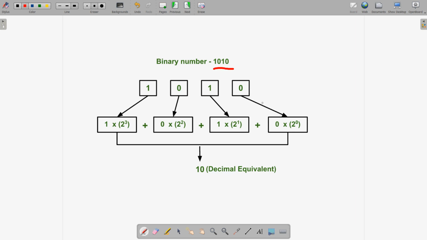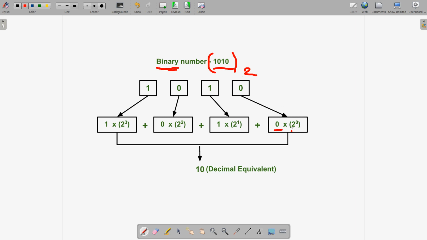Now I am multiplying all these digits with the increasing powers. As this number is binary, the base is 2. Clear? It is not necessary that the base will be given. From the number system you can imagine that, as it is binary, the base is 2.